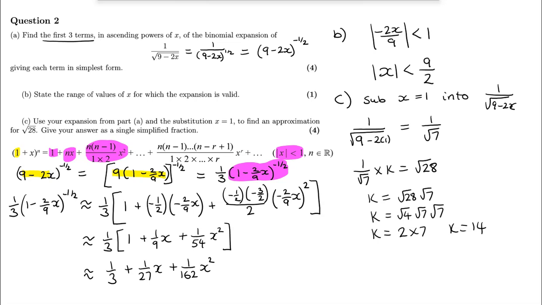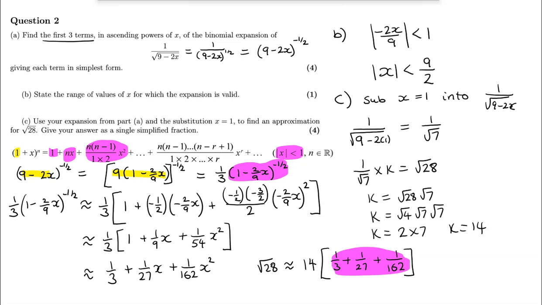So to find an approximation for the square root of 28, what I'm going to do is sub in x equals 1 into my expansion. So 1 over 3 plus 1 over 27x plus 1 over 162 x to the power of 2. So I'm going to plug that in. Okay, I'm just plugging in x equals 1. As we discussed earlier, this here would just be an approximation for 1 over root 7.